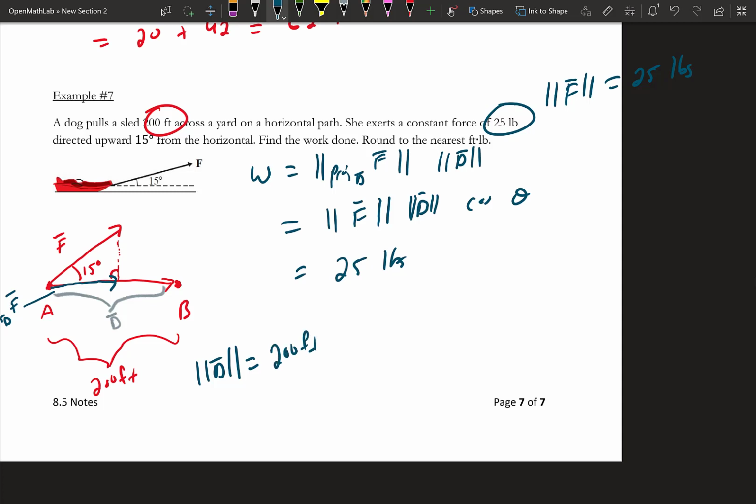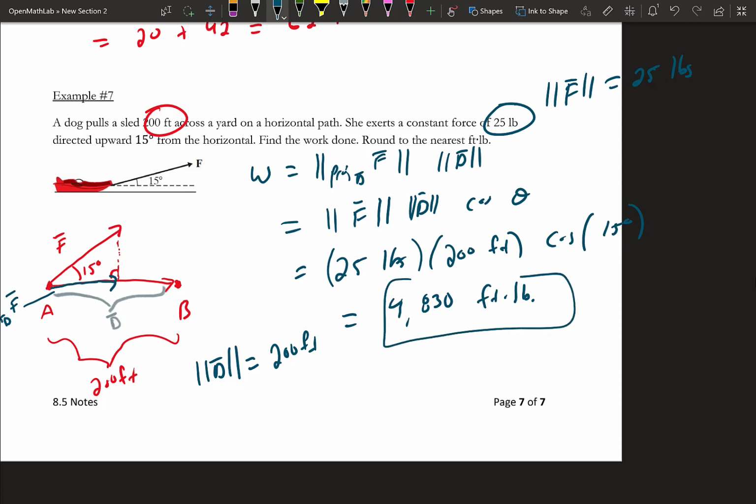Right, so if we just plug those in, we get 25 pounds times 200 feet times cosine of 15 degrees. So this comes out to be 4,830 if we round to the nearest foot-pound, right? Because foot times pound is the unit.